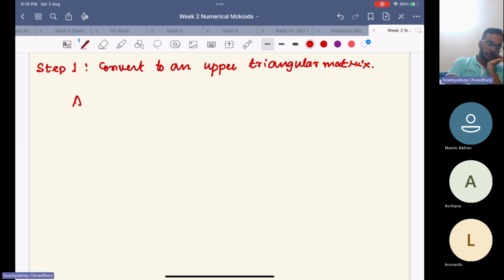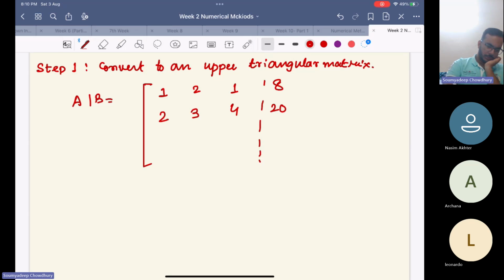So we'll do that. What was our augmented matrix? 1, 2, 1, 8, 2, 3, 4, 20, 3, 5, 7. So I have to make these elements 0.